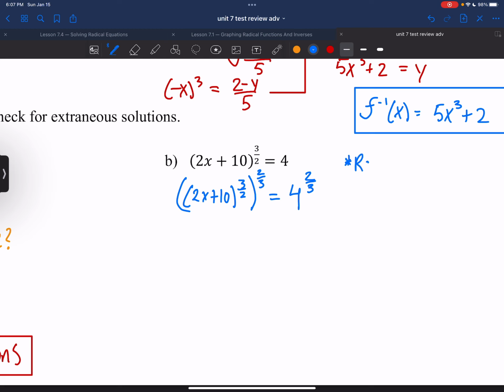So raise to the reciprocal power. Okay, that's what you're doing. So this is now 2x plus 10 to the first power equals, well, I guess that is cube root of 4 squared.